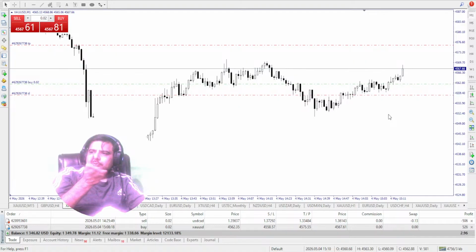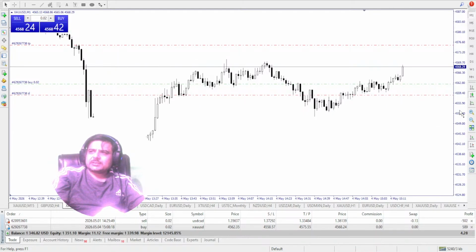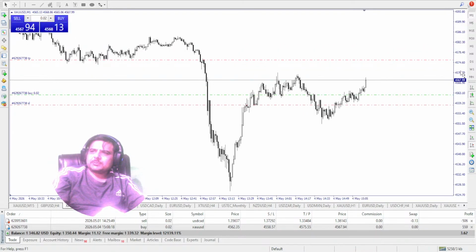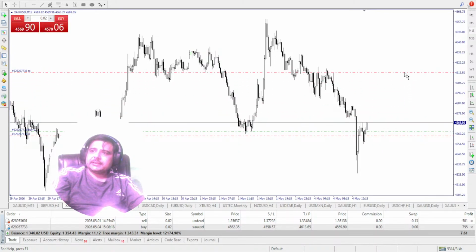My friend, what do you say? 55 pips it's giving me. And I think by now you should understand that I'm not very greedy. I just take my share from the market and then leave. Okay. So now I'm getting a little bit greedy right here. Why?